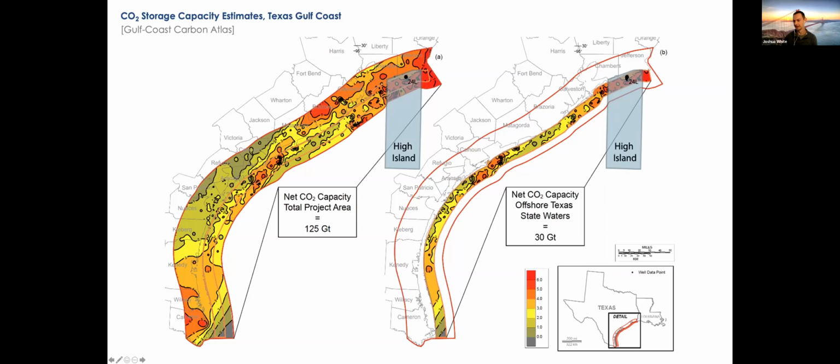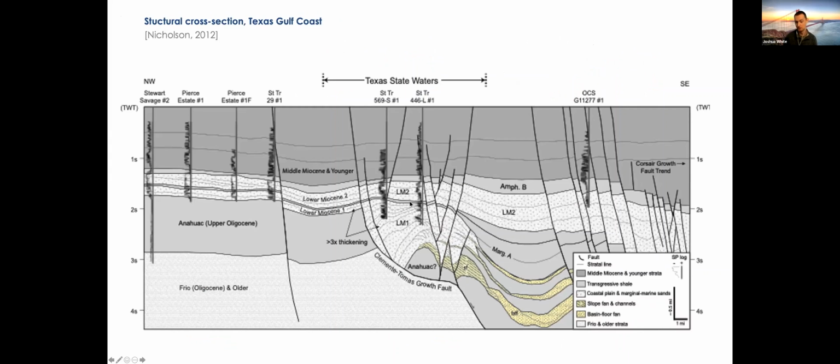And so we've been looking at a particular storage target here called High Island. This is a cross-sectional view through the stratigraphy that we're looking at. The storage target is in this lower Miocene formation. The Gulf of Mexico has these very thick sandstone units, so very high porosity, very high permeability, very large potential for storing CO2.